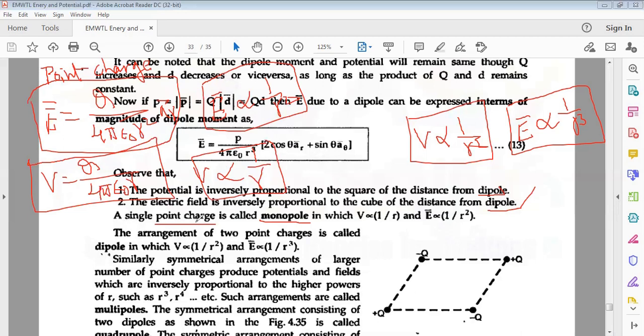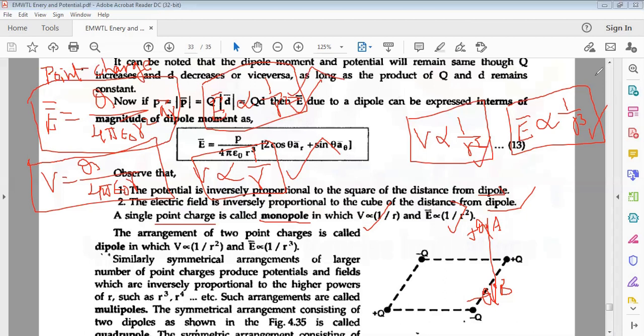Here, the single point charge is called the monopole, in which V is proportional to 1 by R and E bar is proportional to 1 by R square. When we consider the dipole, at point A the charge is plus Q and at point B the charge is minus Q. For the dipole, the potential is inversely proportional to the square of the distance, 1 by R square, and the electric field intensity is proportional to 1 by R cube.